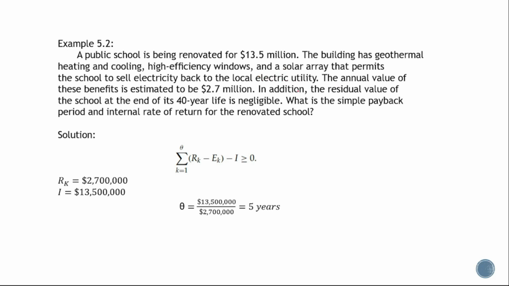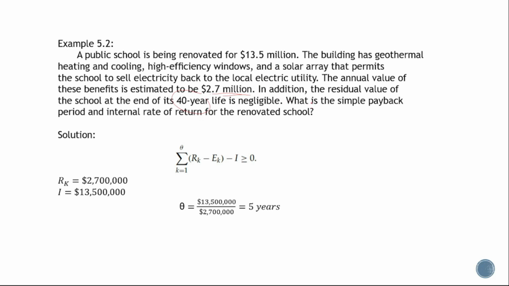The annual value of these benefits is estimated to be $2.7 million. In addition, the residual value of the school at the end of its 4-year life is negligible. So, the market value or salvage value of the renovated school is 0.